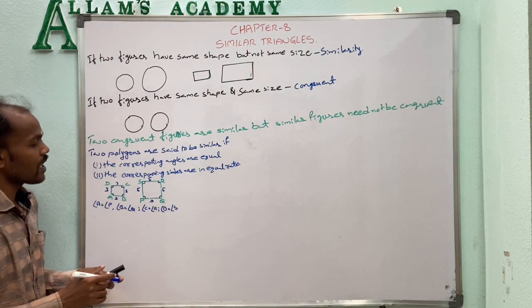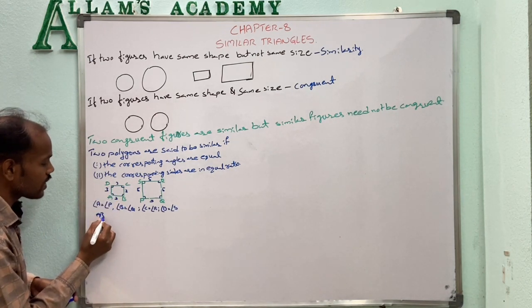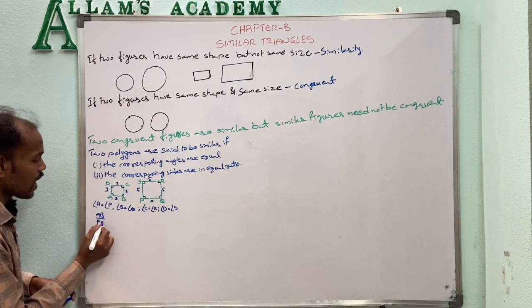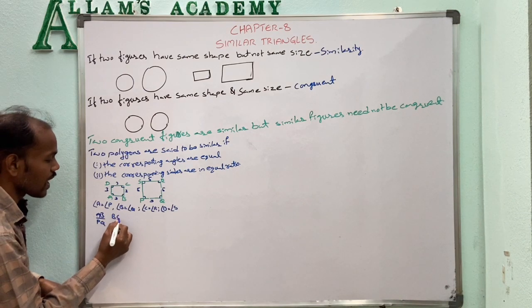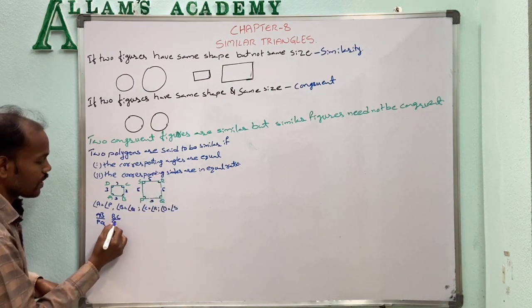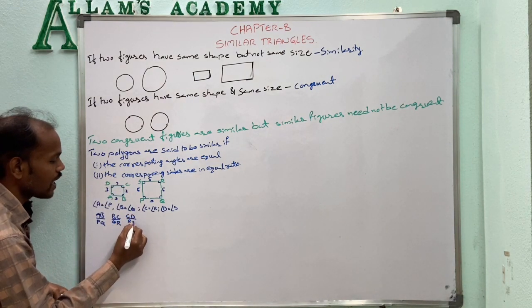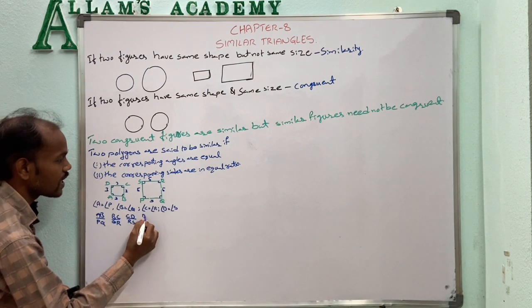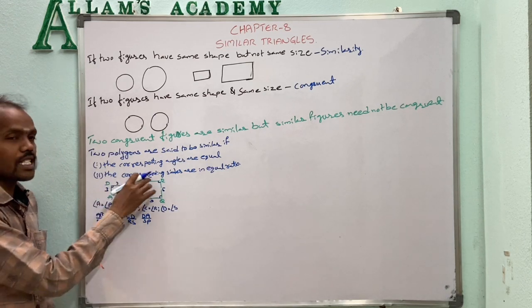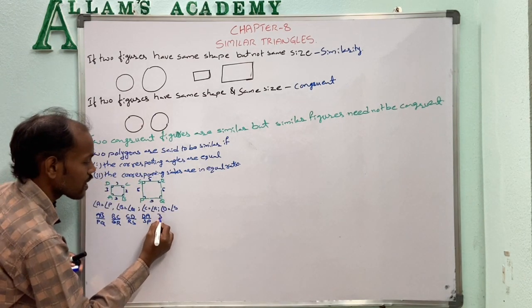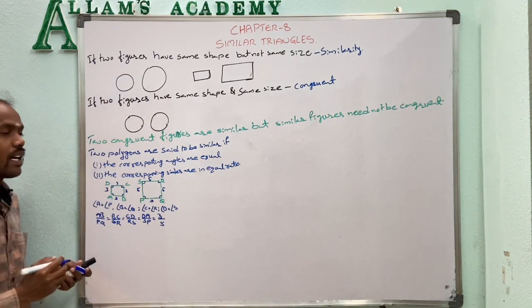So the corresponding sides ratio: AB by PQ, BC by QR, CD by RS, and DA by SP. All these corresponding sides ratios are 3/5, so they are equal.